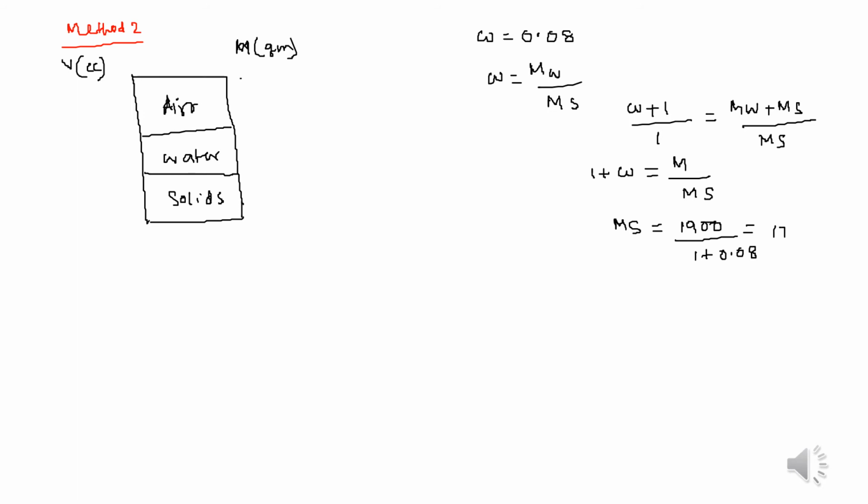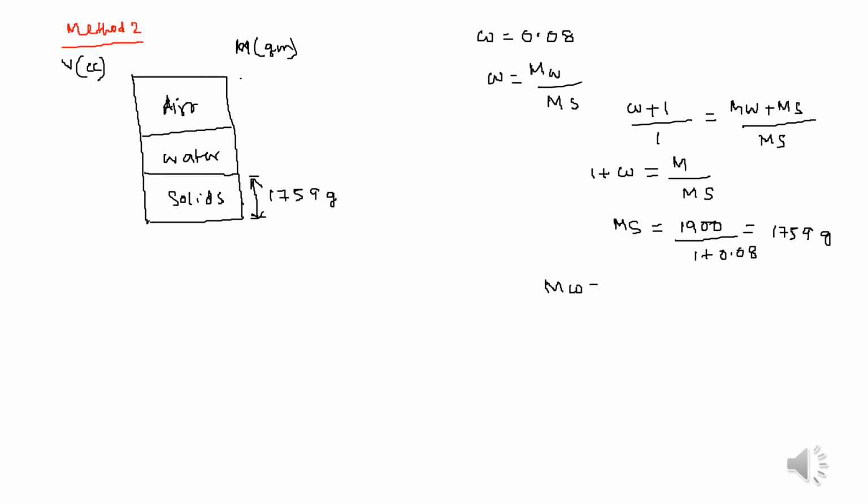Therefore what we get, my mass of the solids is 1759 gram. The viewers can calculate it with a calculator and see what they are getting. So simply we can write it here in the phase diagram. My mass of the solids is coming as 1759 gram.